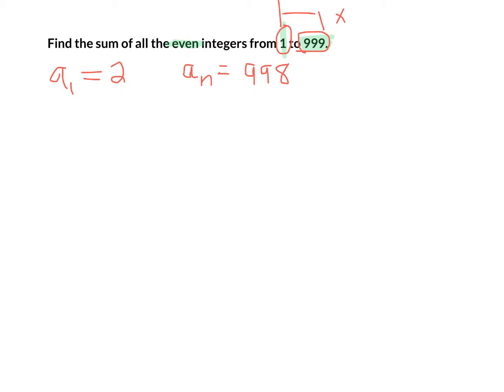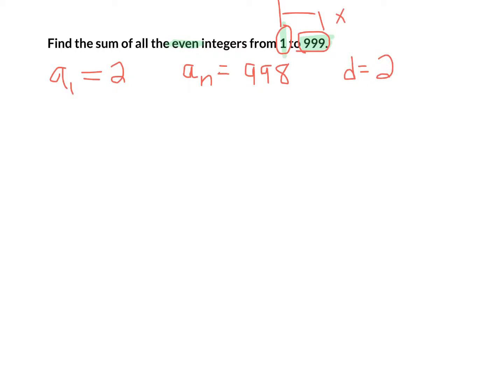Now, the other thing we have to figure out is our distance. Now, this should be pretty simple. Just like our consecutive integer problems way back at the beginning of the year of school, remember, evens and odds follow the same pattern. Whether you're going from 1 to 3 to 5 to 7 to 9, or you're going 2 to 4 to 6 to 8 to 10, we are always adding 2.